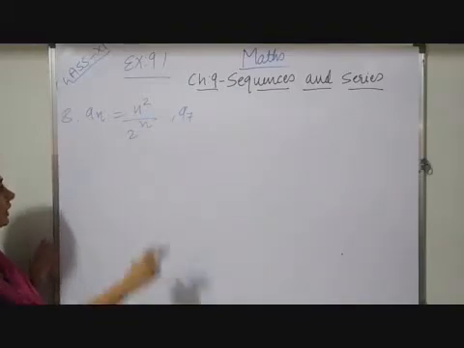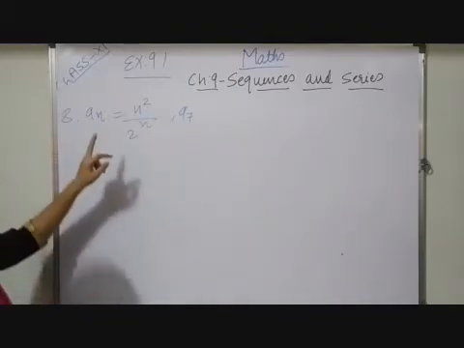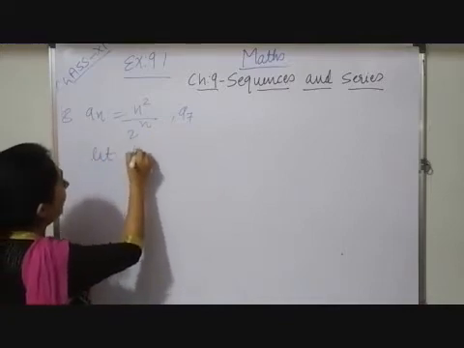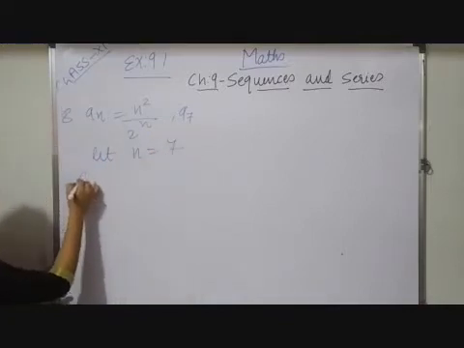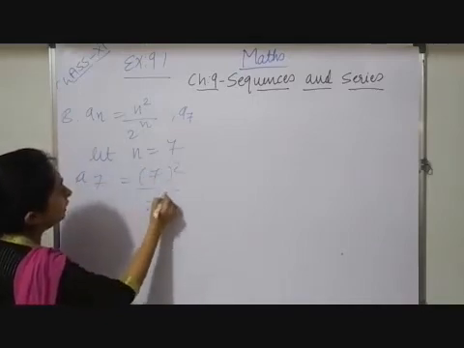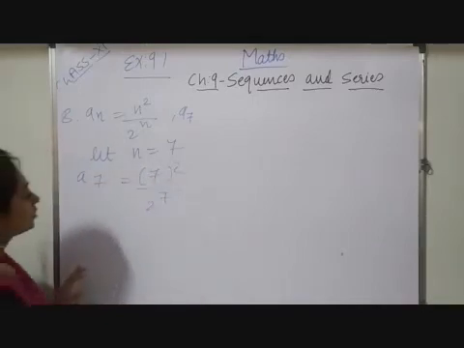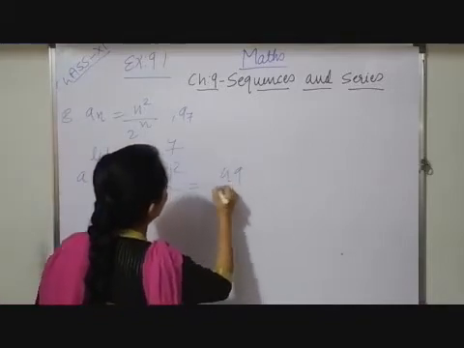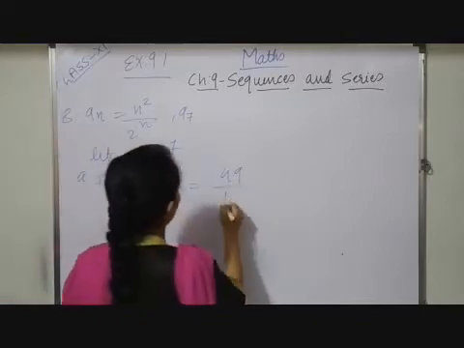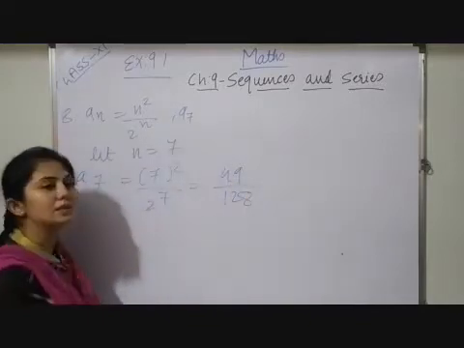How to find a7 is very simple. In place of n, I have to take 7. So, let n is equal to 7. So I will get a7, which is equal to 7 square upon 2 to the power 7. 7 square is 49, 2 to the power 7 is, I guess, 128. So this is your answer.